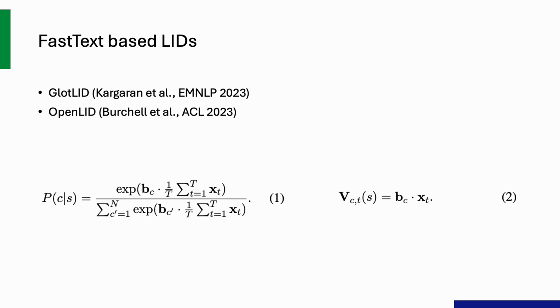A trained fastText LID extracts T features from the input sentence S, gets the embeddings X for each of these T features, does an average over them, and then multiplies it with the embedding B that the fastText LID learned for each language C. However, since we are interested in each feature xt, not just the average of them, we define a matrix V, which stores the multiplication of each feature xt with the embedding vector of each language C.